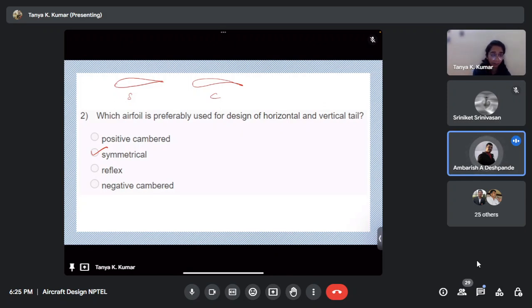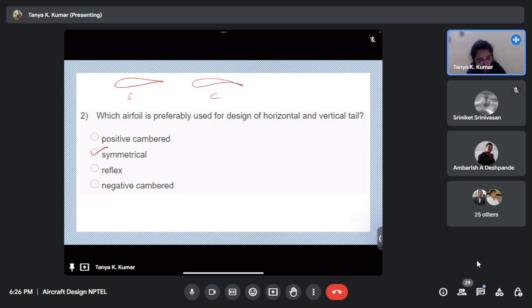Yes. So the pressure difference is more and hence the lift produced, or the force produced, is more. Correct? Yes. So that is the right answer. That is why the cambered airfoil produces more lift. Cambered airfoil in fact produces lift even at zero angle of attack. This is what we saw in the first slide, right?